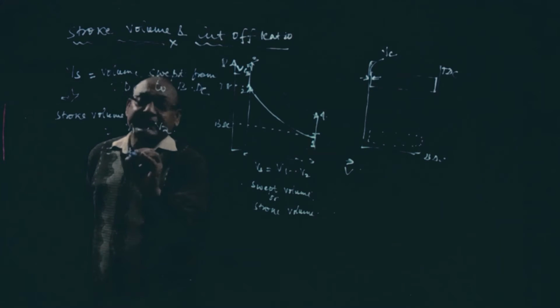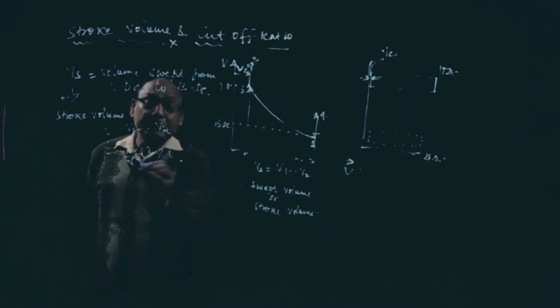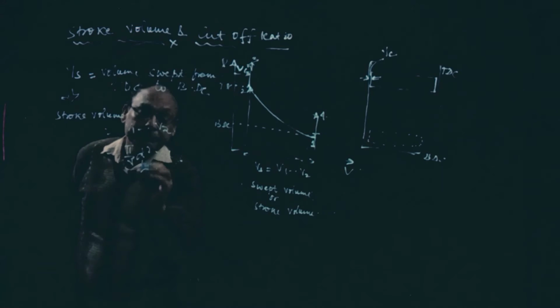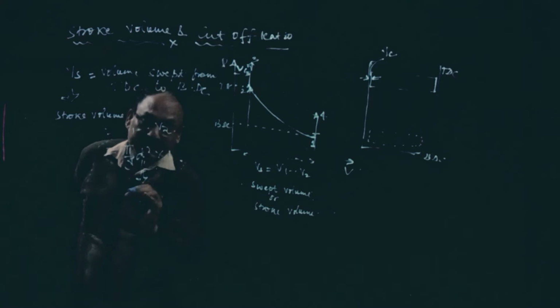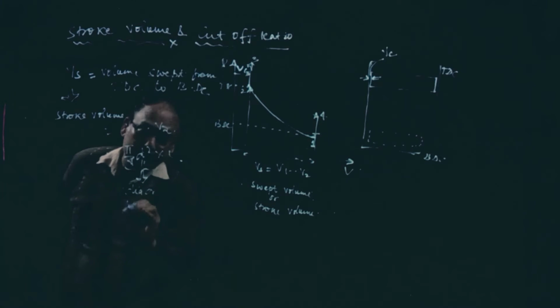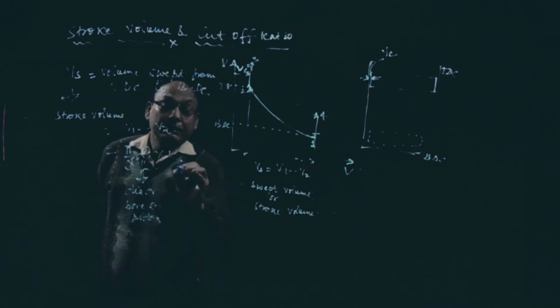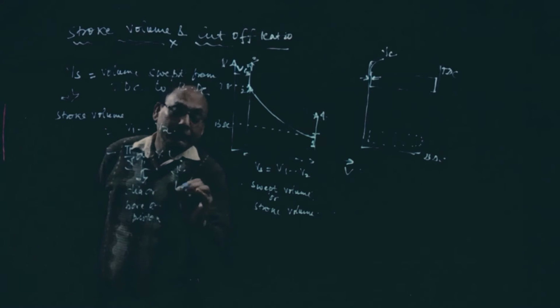Another way is also there. Stroke volume is pi by 4 d square into L, where d is the dia or bore of the piston and L is the length of the piston.